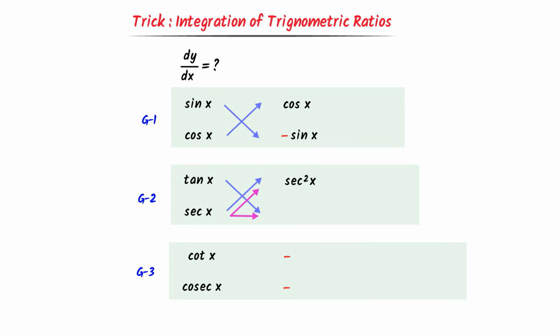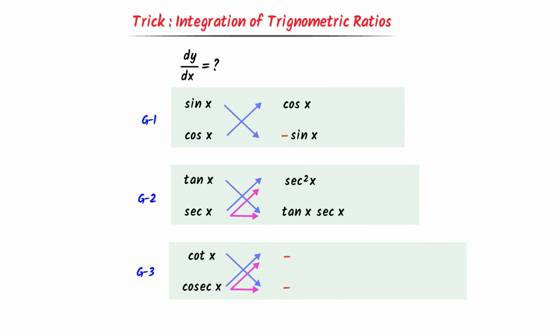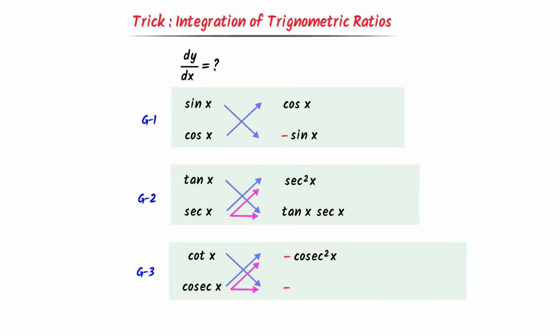Hence, the derivative of tan x is secant squared x and that of secant x is tan x into secant x. In the third group, I draw these cross lines. Hence, the derivative of cot x is minus cosecant squared x and that of cosecant x is minus cot x into cosecant x.